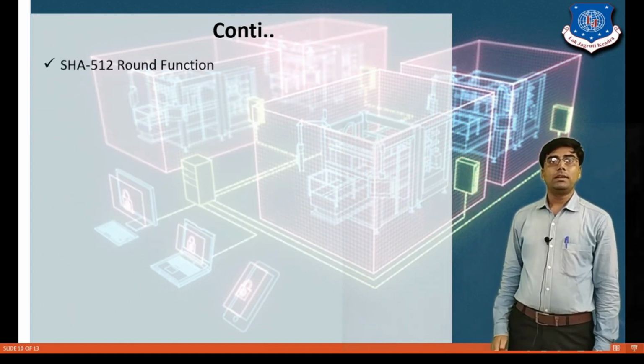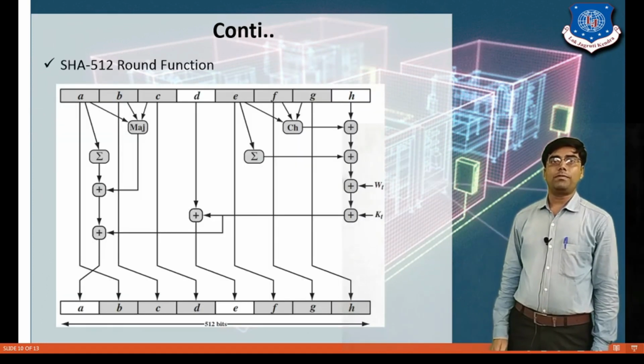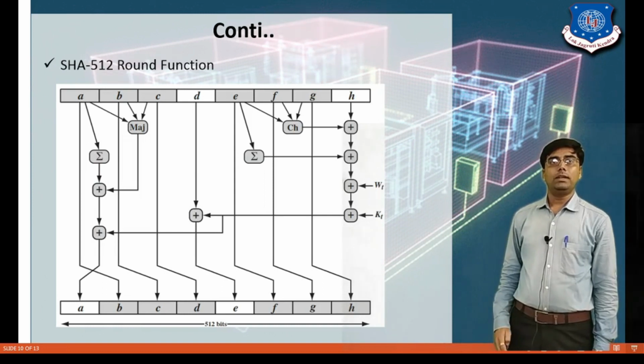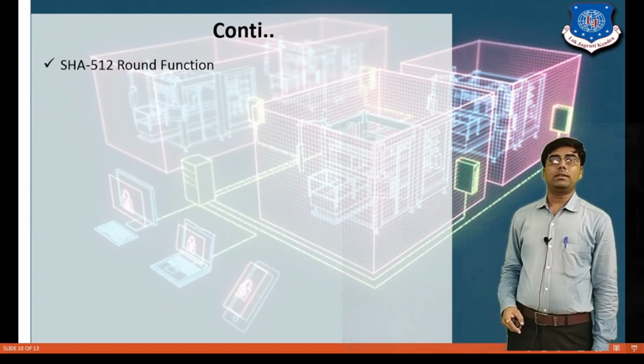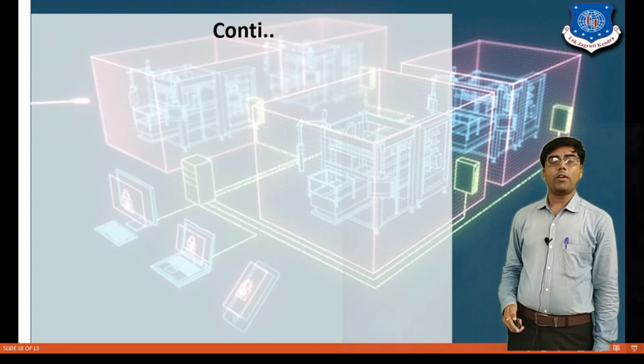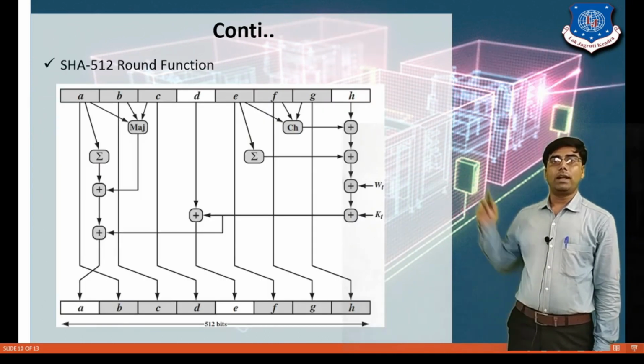The next is the SHA 512 round function. Here, the same formula we have seen will be pictured in this figure.